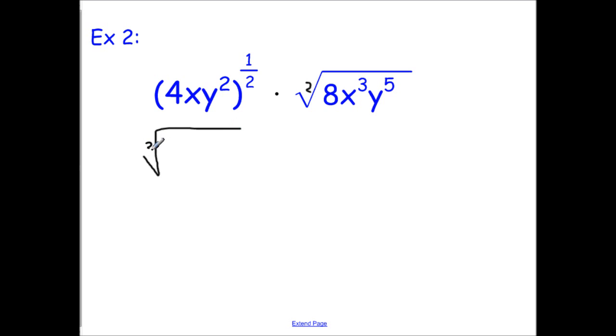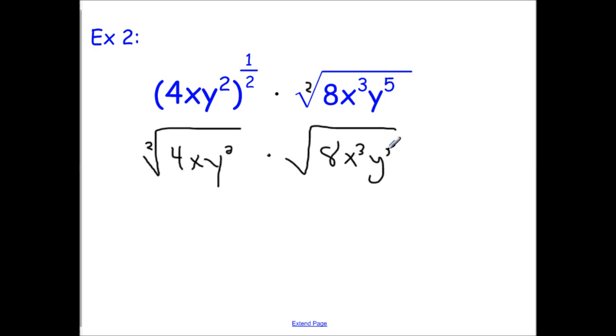So it's the square root of 4x y squared to the 1st power, which is just itself. So this is really the square root of 4x y squared times the square root of 8x to the 3rd y to the 5th. Okay, so we multiply these two things. 4 times 8 is 32.